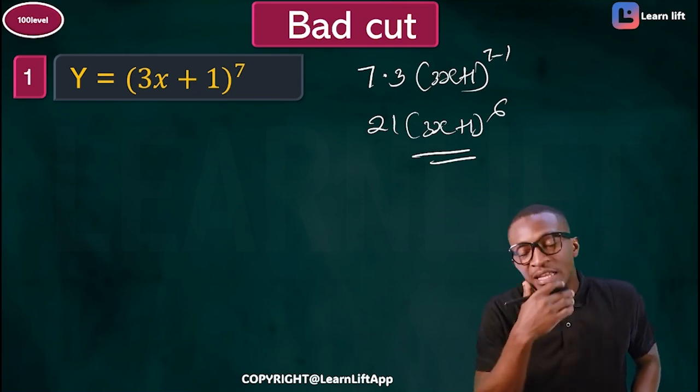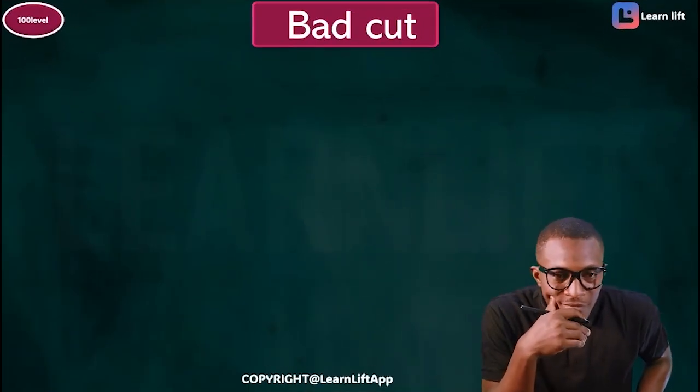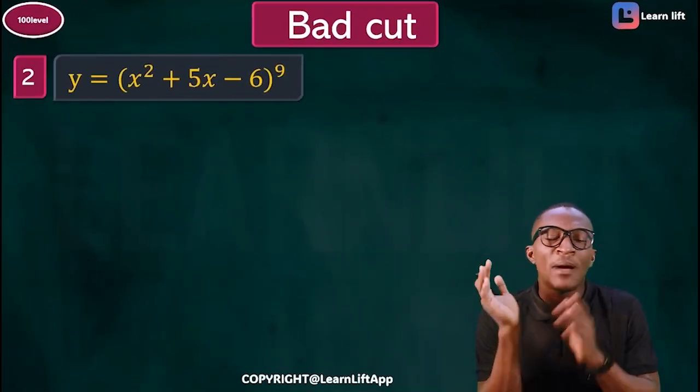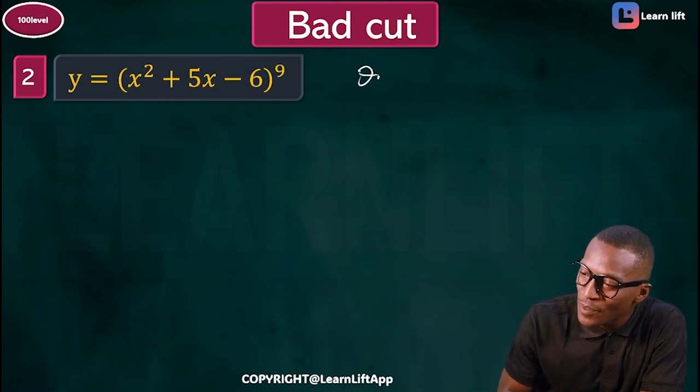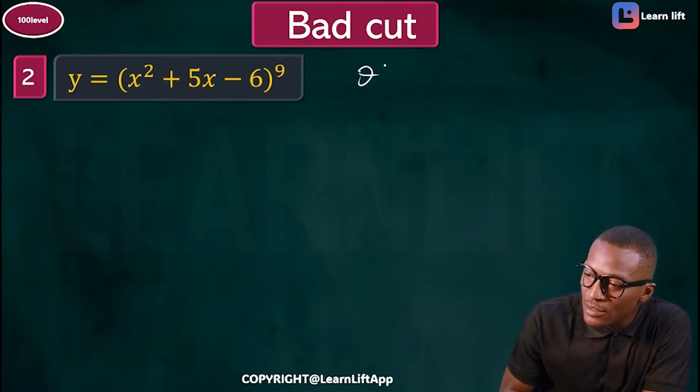Follow my bad cuts. Give me the answer straight. First of all, write 9. Differentiate what is inside. That's 2x plus 5.